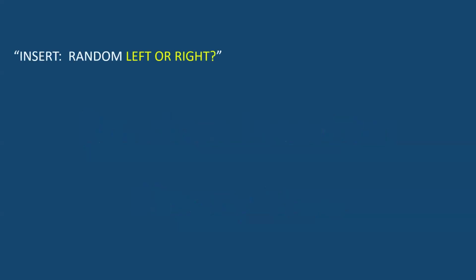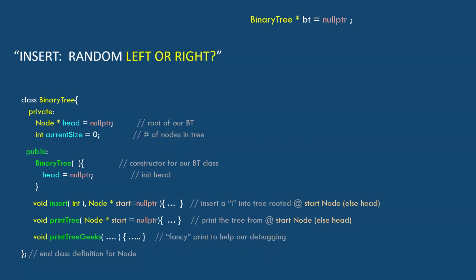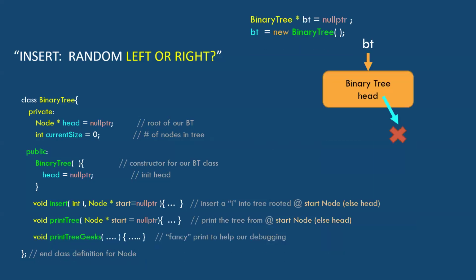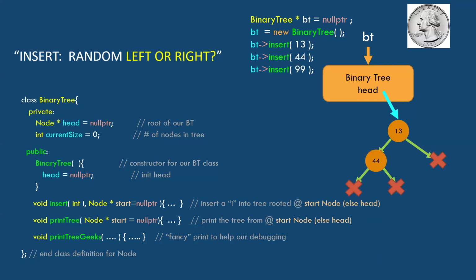Okay. So we are going to insert into the tree in a random order. Let's look at the code a little more closely. So here's how we create our tree again. So we saw this before, kind of a different layout of the tree. Okay. And we're going to do the random insertion, right?